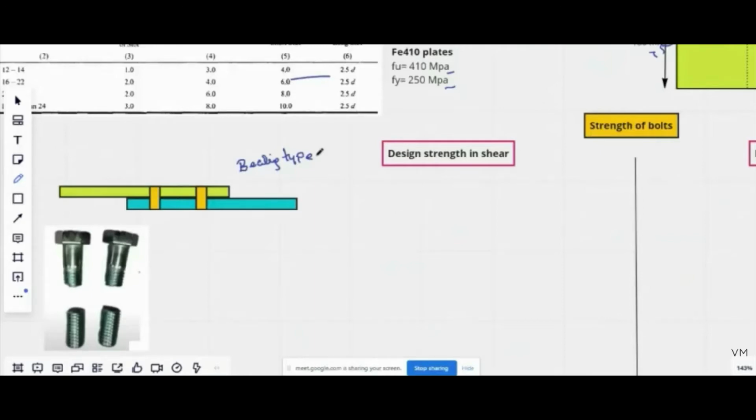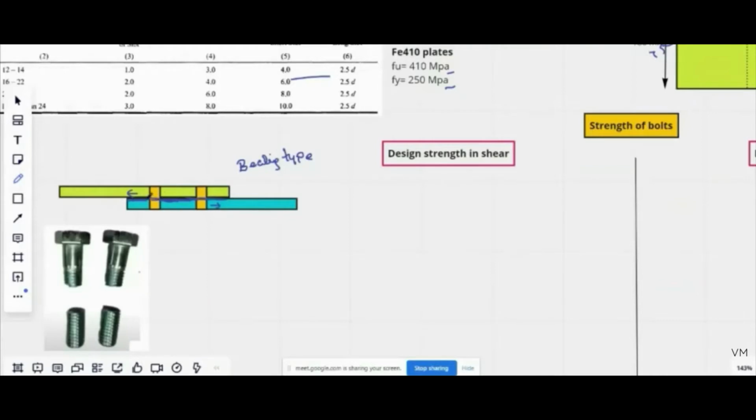What happens here is that generally the plates are allowed to move. When there is movement in the plate, with no resistance, due to movement of the plate in different directions, shear is generated between the surfaces.